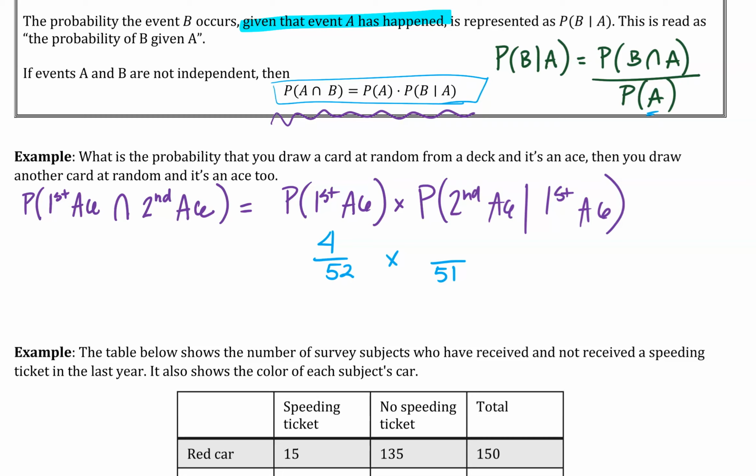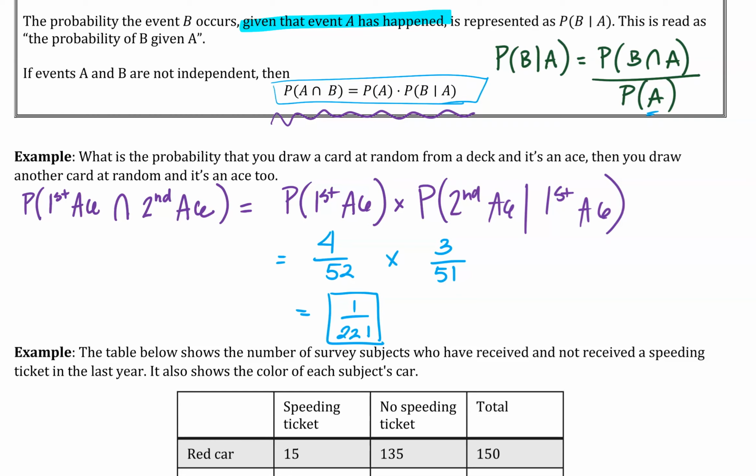And I already chose an ace, so how many aces are left to choose from? There are only 3. So now when I multiply these two fractions together and simplify, I get 1 over 221. That is a very, very small probability that you draw an ace, keep it, and draw another ace.